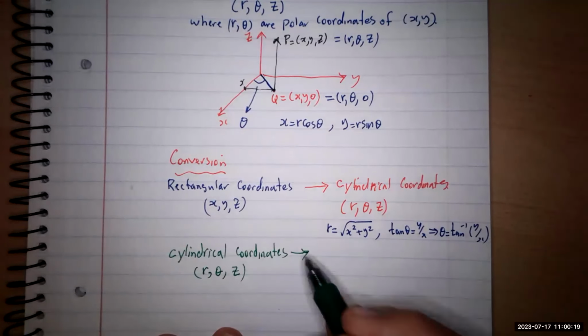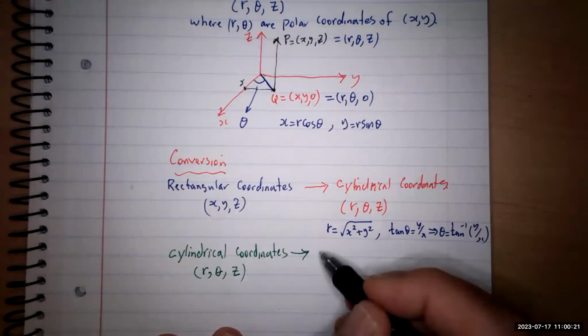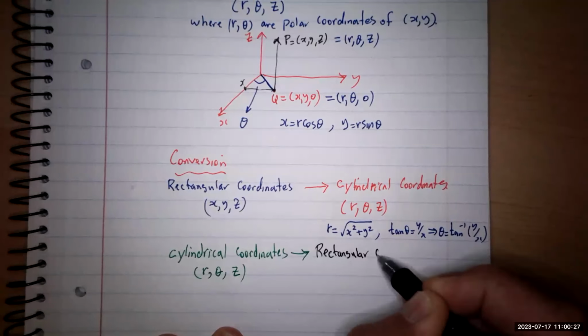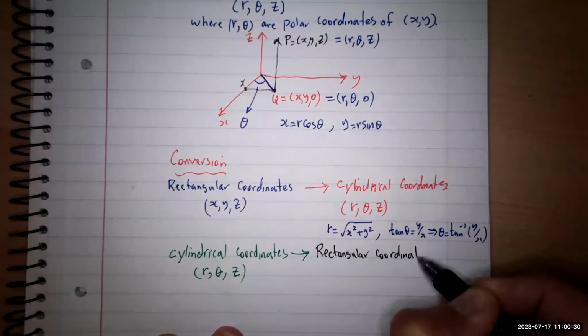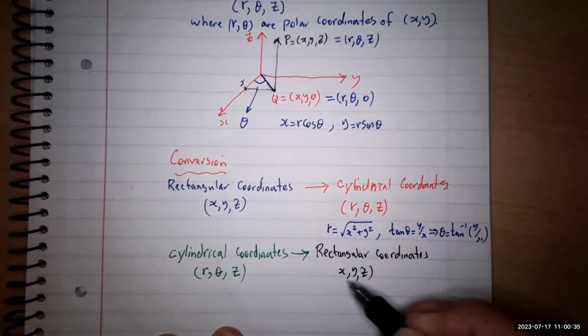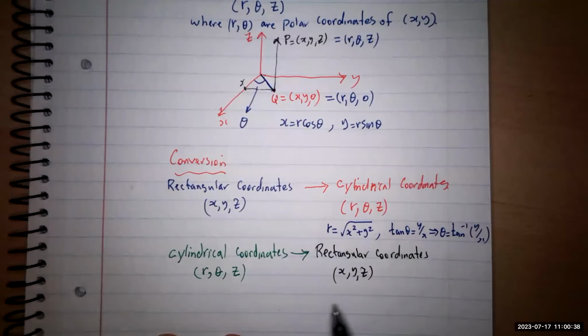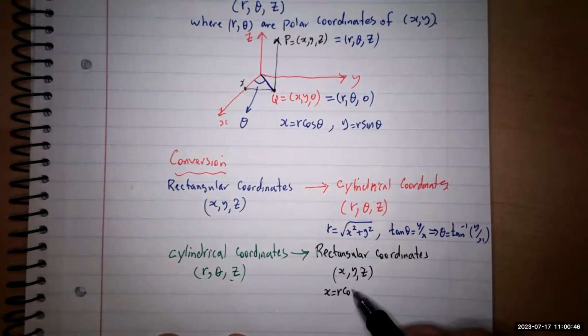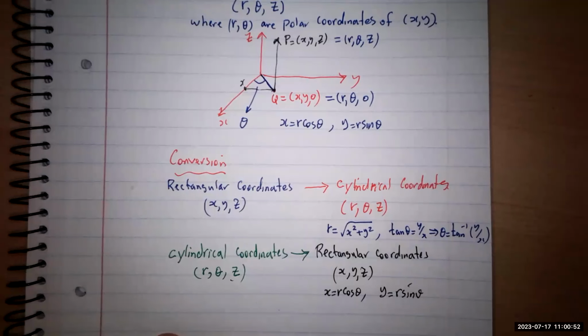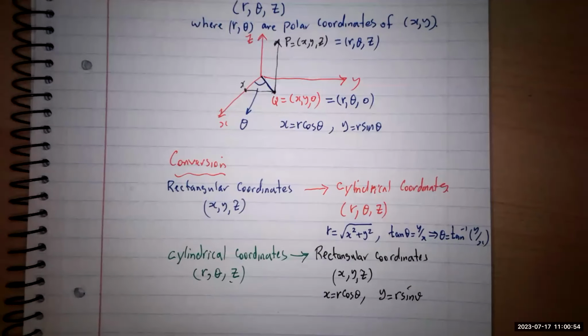So from this side, if you want to change it to the rectangular coordinates, your rectangular coordinate is going to be x, y, z. Okay, your z is constant, your z is fixed. So z is z, but your x is going to be calculated from r cosine of theta, and y from r sine of theta. Okay, so this is the way we go across these two coordinate systems.